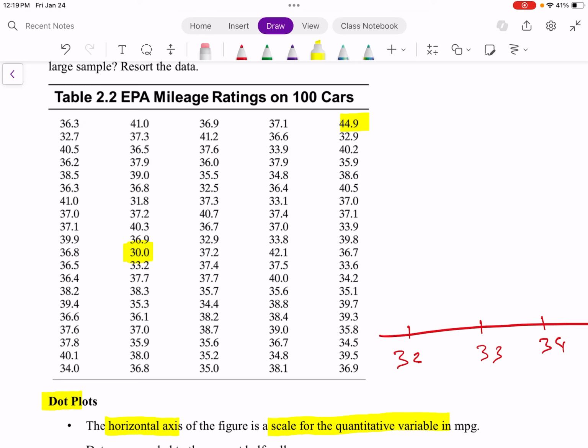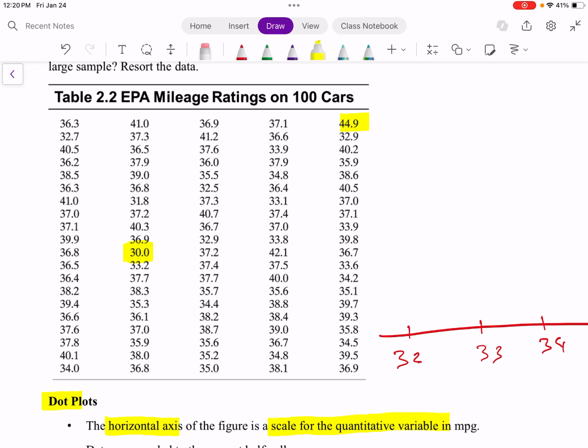Now, is it possible for us to find a number at the center? Which number will be at the center for these 100 measurements? From this observation, every number is close to what number?